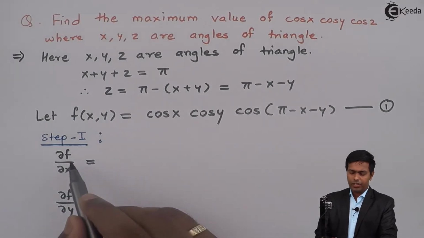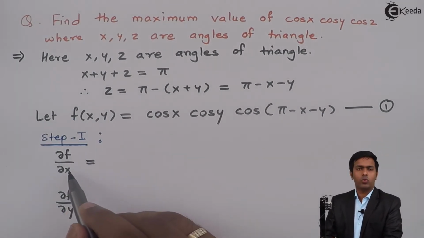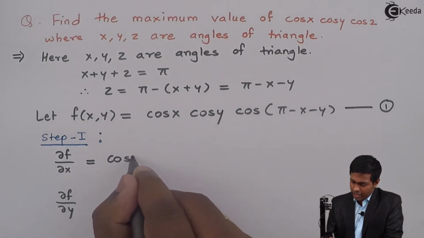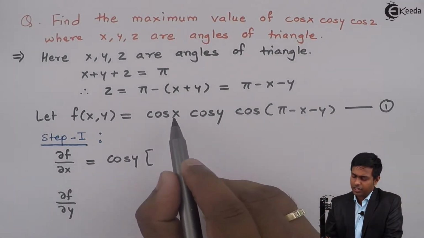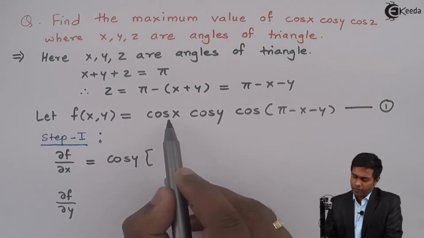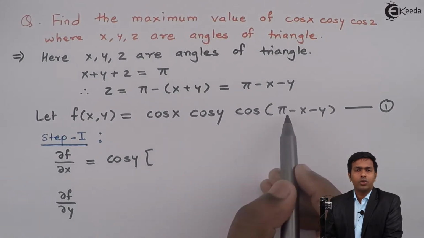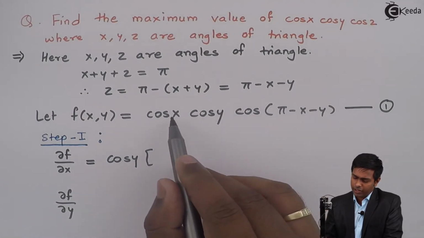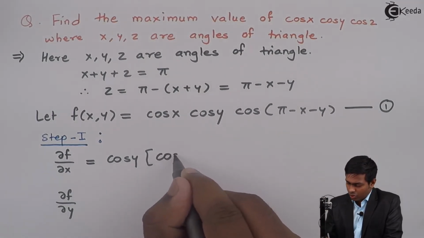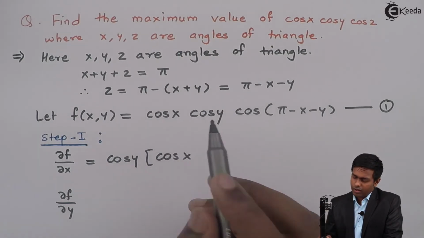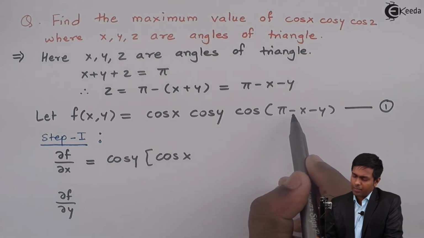Partial differentiation of f with respect to x will be given as, cos y as it is, and we partially differentiate this function. Here we have x, here we have x, so we'll apply the product rule. By product rule we get u into v. So cos x as it is, the derivative of this cos of pi minus x minus y.